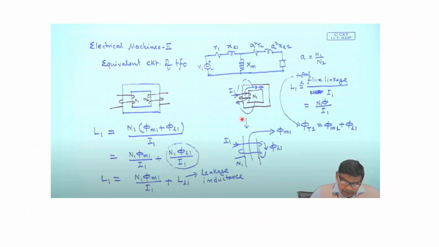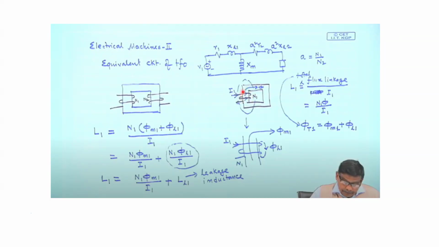Now coming here, what the sir is discussing is how to find the values of L1 and L2. So how will we find L1, let us see. If you see the formula of inductance, inductance is nothing but the total flux linkage lambda by I1. So what is the flux which is linking this winding?